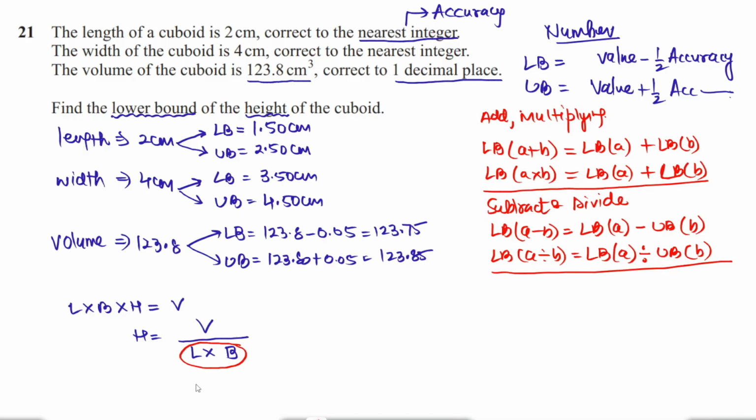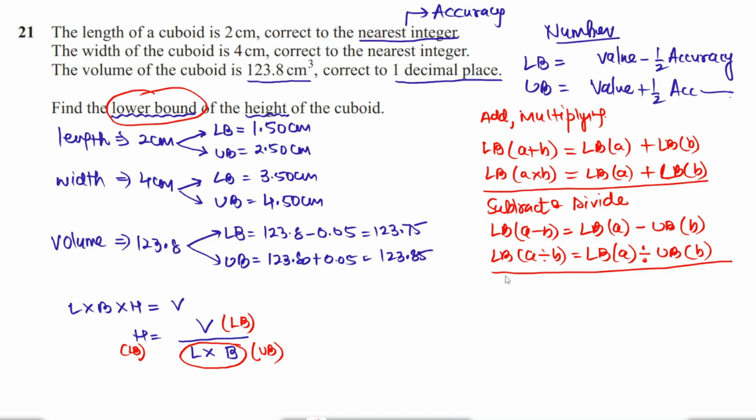Okay. So now what we are looking for, we have numerator upon denominator. It means height. We are looking for the lower bound of height. If we are looking for lower bound, then it means the volume has to be found in the lower bound and this denominator has to be found in upper bound.